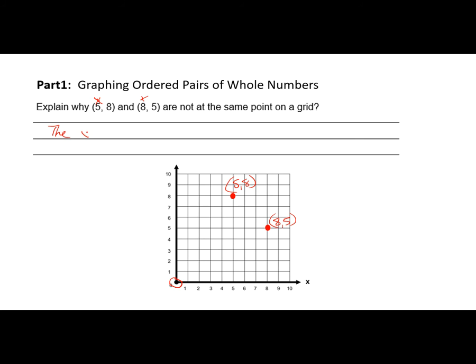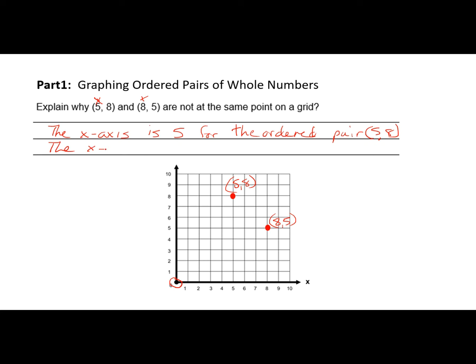The x-axis value is 5 for the ordered pair 5, 8.